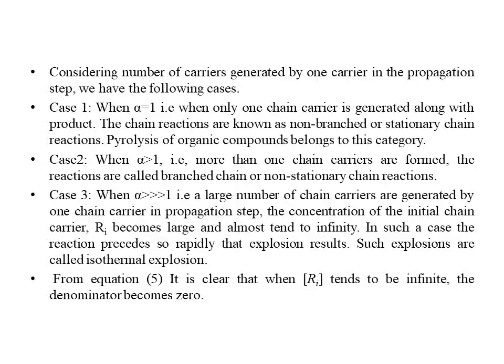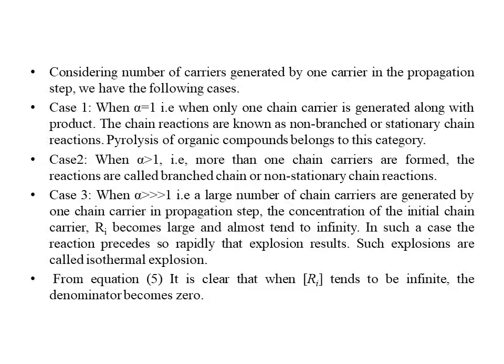Case number 3, when alpha is very large than 1, that is, a large number of chain carriers are generated by one chain carrier in propagation steps.